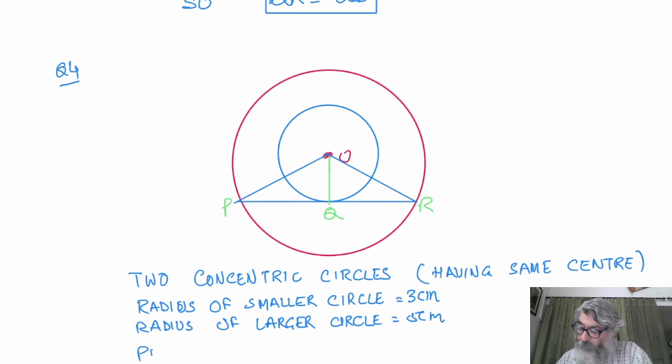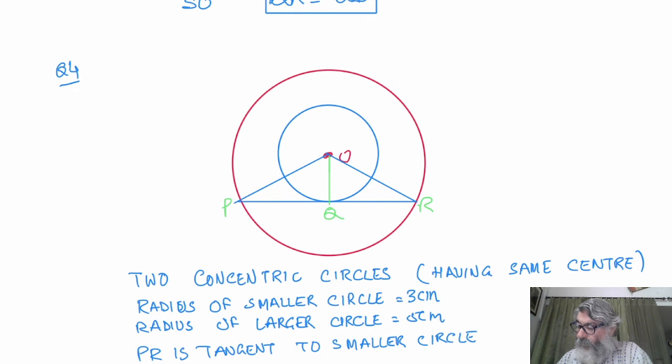PR is tangent to the smaller circle and chord of the bigger circle. Calculate the length of PR.